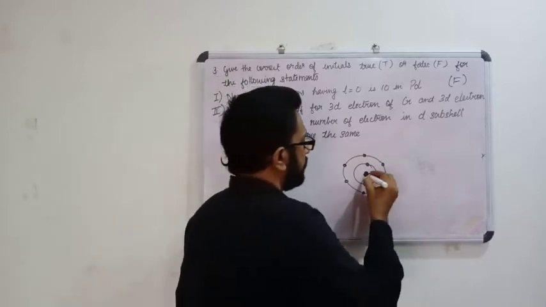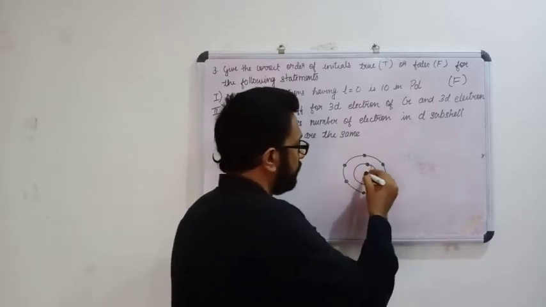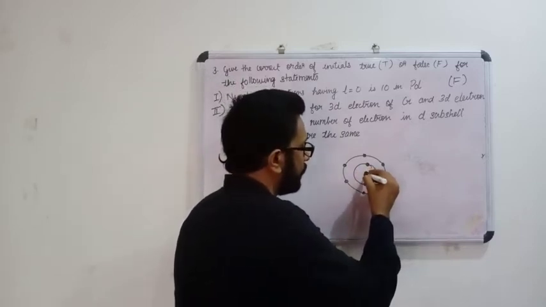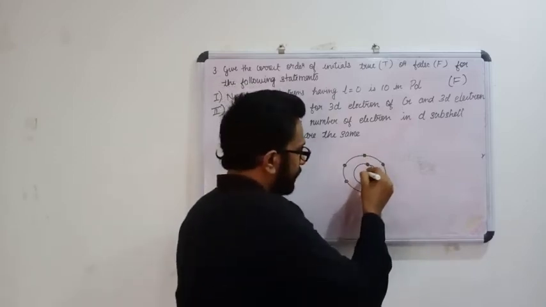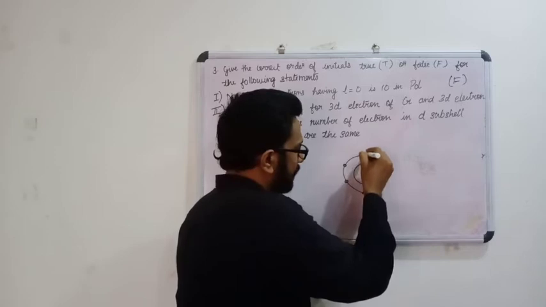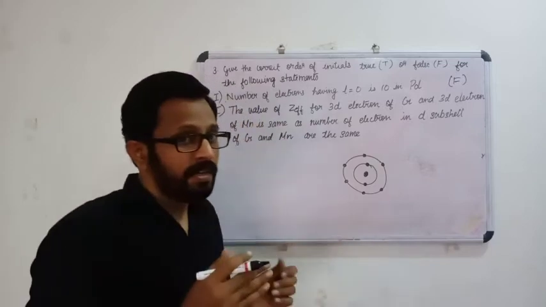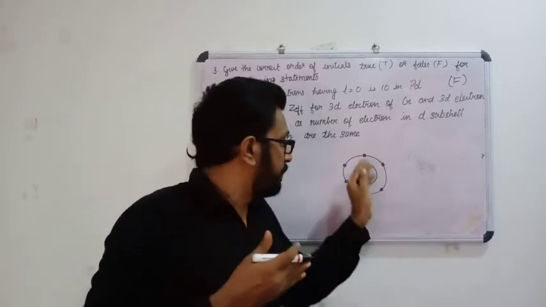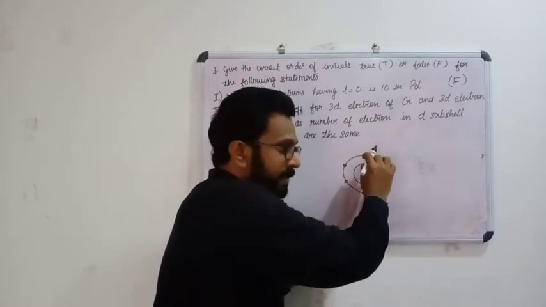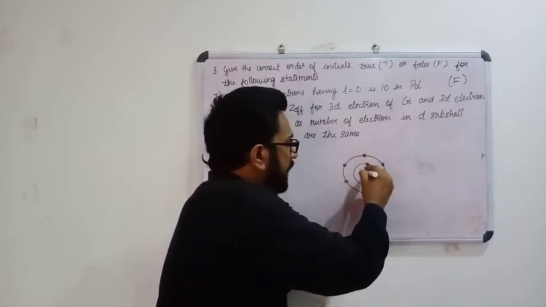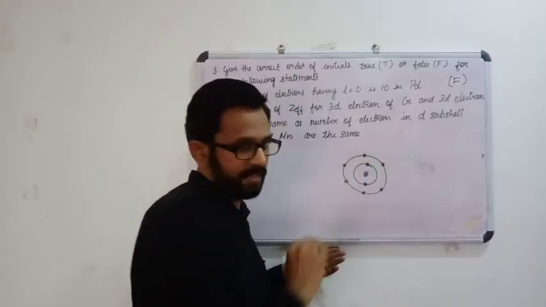We know that the nucleus contains protons, and there will always be an attractive force between the protons of the nucleus and the electrons. But if the nucleus is attracting the electron in the outermost shell, the electrons in the inner shells will shield the attractive force. That means the effective force will be lesser due to the shielding effect.